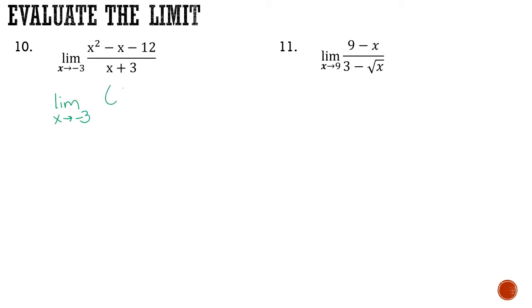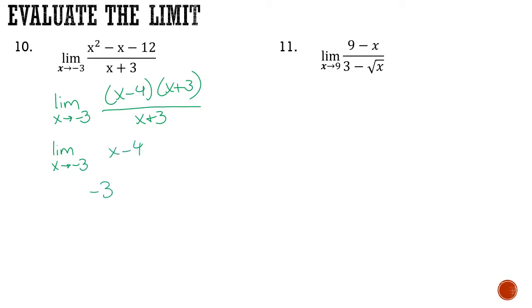Rewriting that, it factors to be x minus 4 times x plus 3 over x plus 3. The x plus 3's will cancel. Now the limit as x approaches -3 of x minus 4, and I can directly substitute -3 in for x. -3 minus 4 is -7.